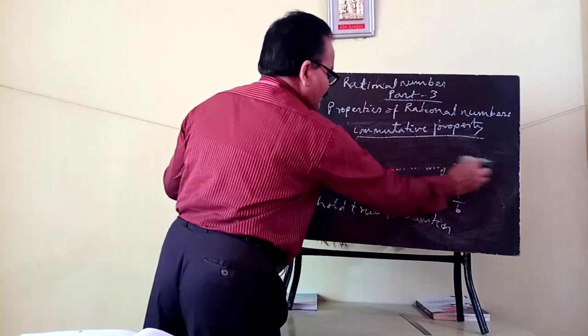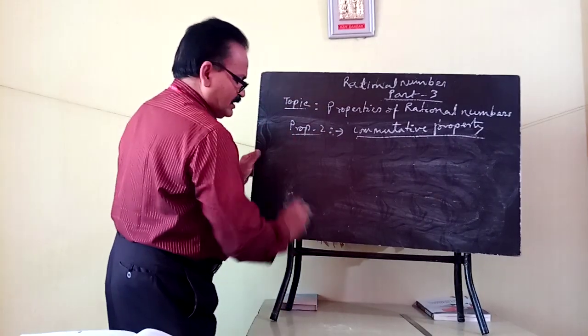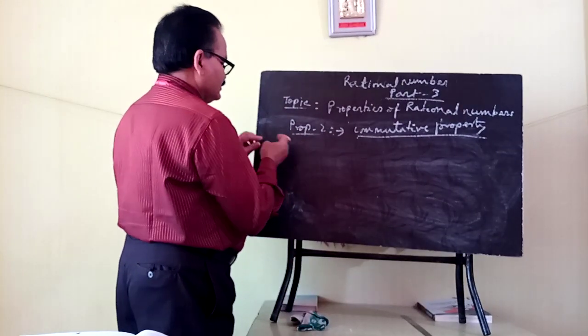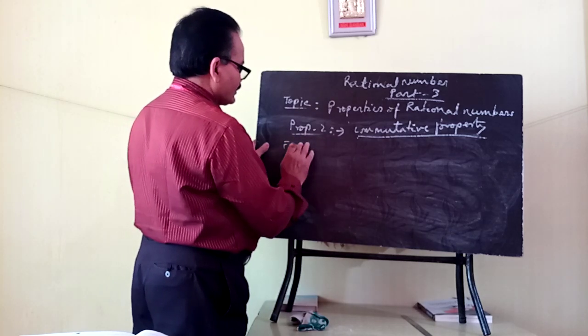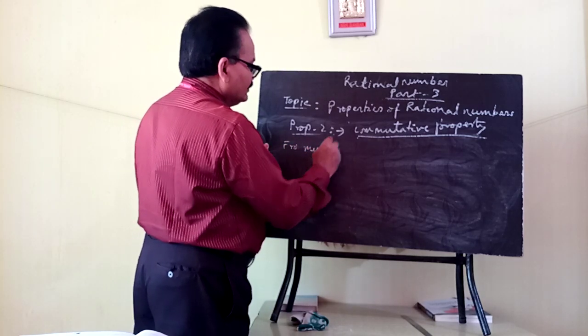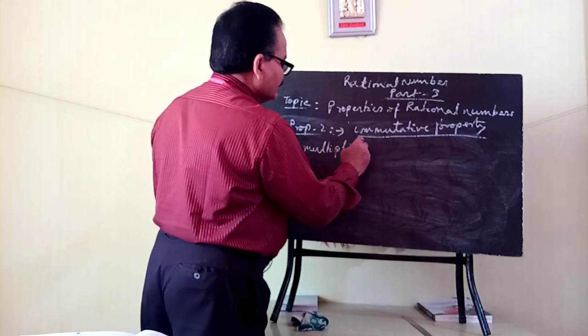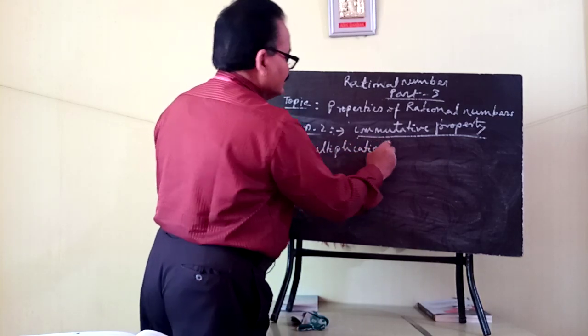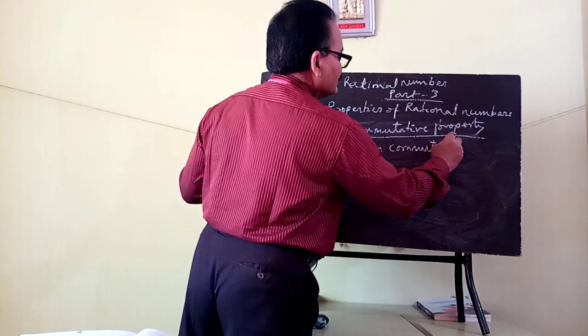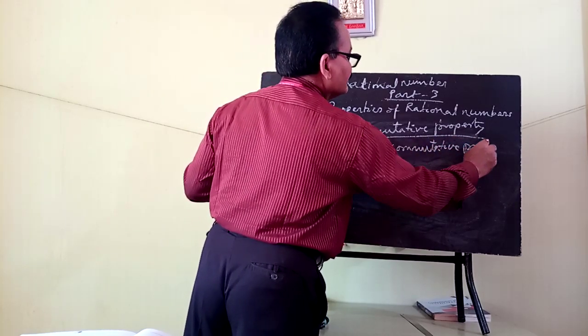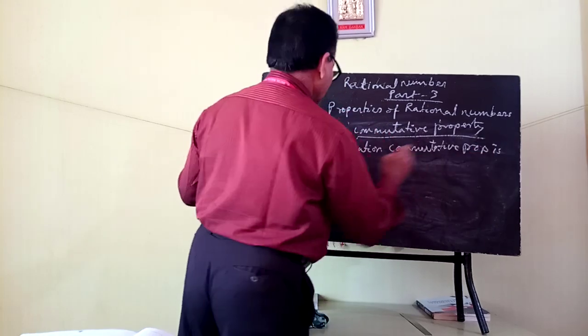Now commutative property for multiplication. For multiplication, commutative property is also true.